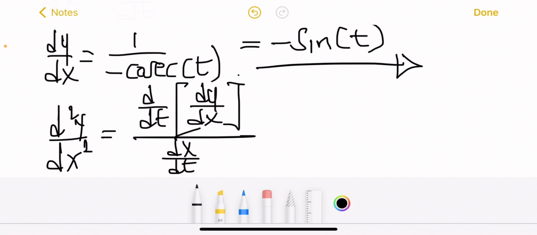That is your formula for finding d squared y over dx squared.